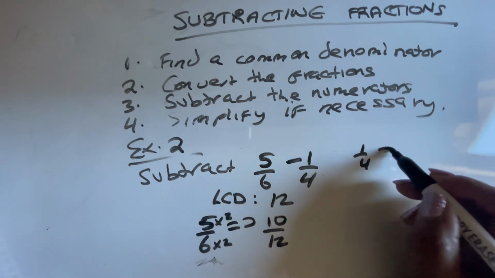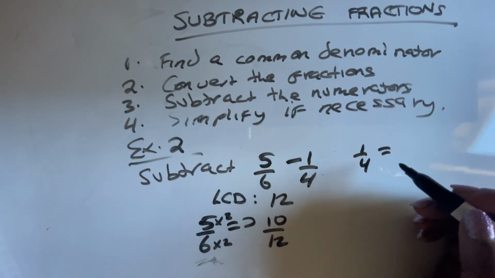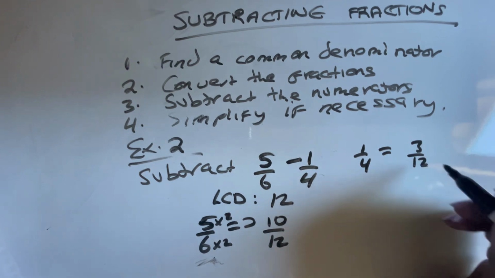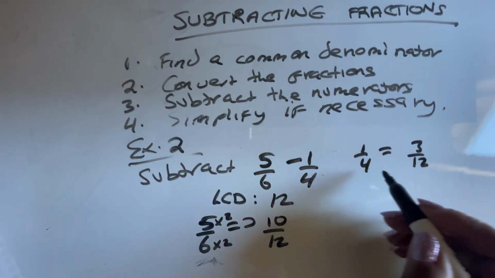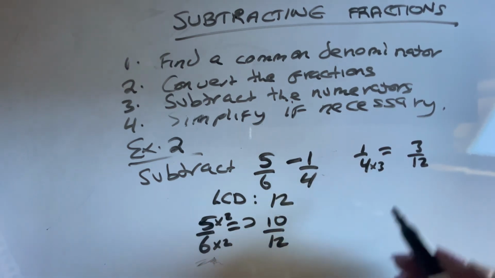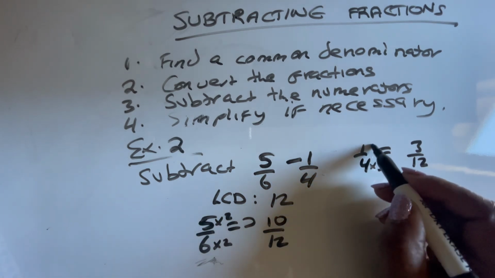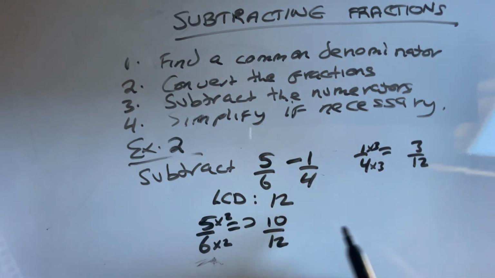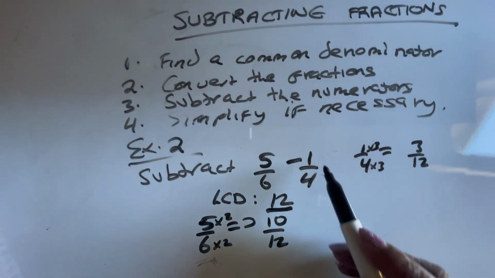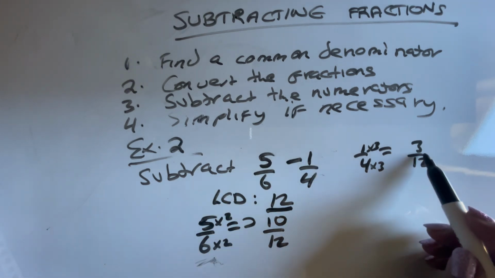1/4 is going to become 3/12. Why? We took 4 and multiplied it by 3, and we took 1 and multiplied it by 3 to have our lowest common denominator of 12. So 5/6 has become 10/12. 1/4 has now become 3/12.